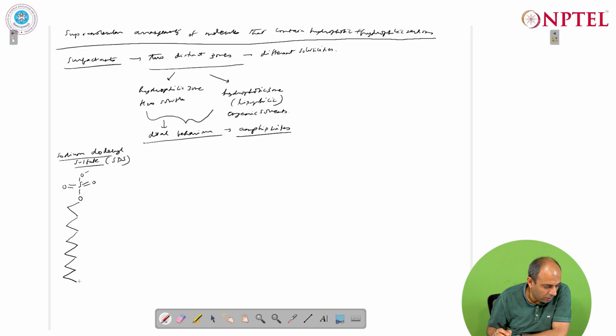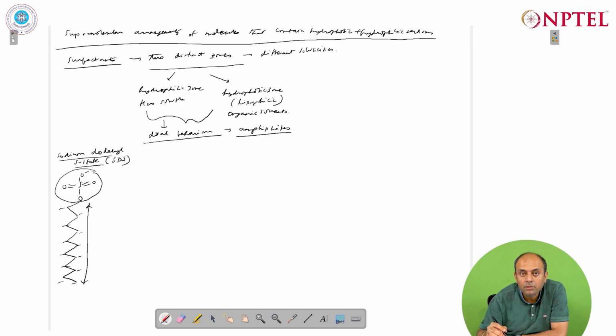Okay, so we have got 12 carbons, 1, 2, 3, 4, 5, 6, 7, 8, 9, 10, 11, 12. So, we have got the hydrophobic part and this is the hydrophilic part, or the one which interacts with the water molecules.